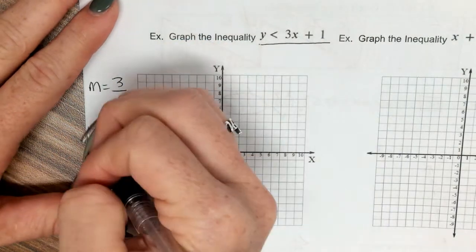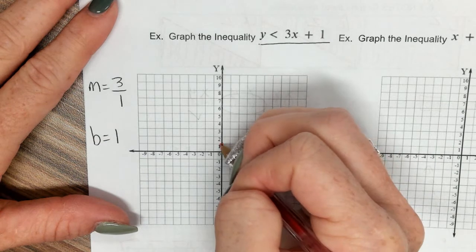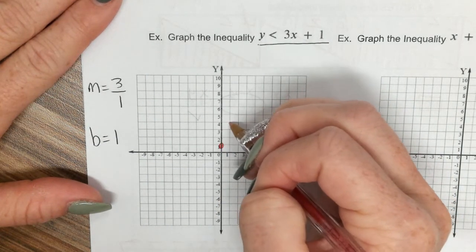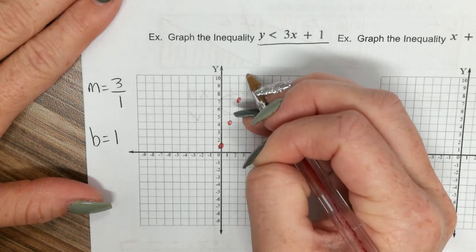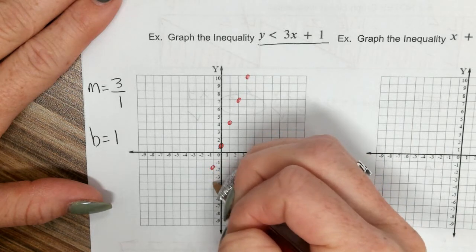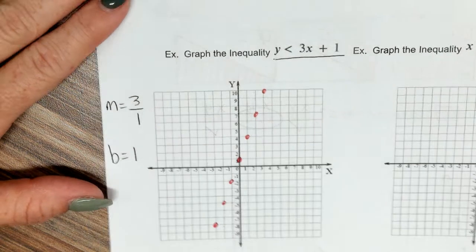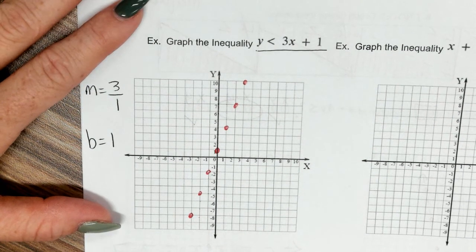What's my y-intercept? 1. So I go to the 1. I put a dot. I'm going to go up 3, right 1. Solid or dashed? Dashed.